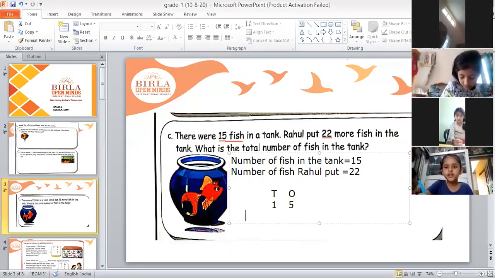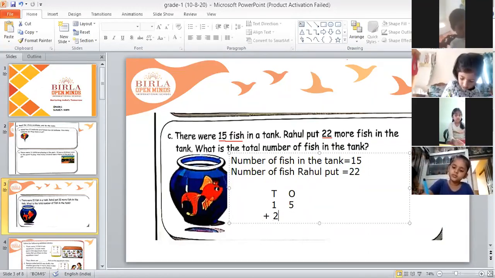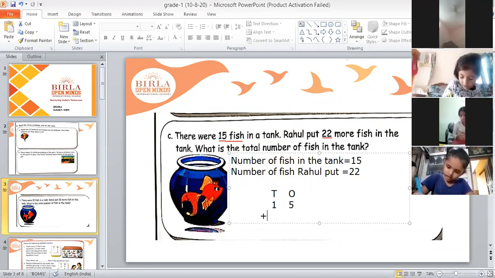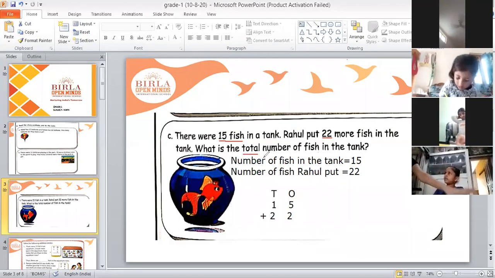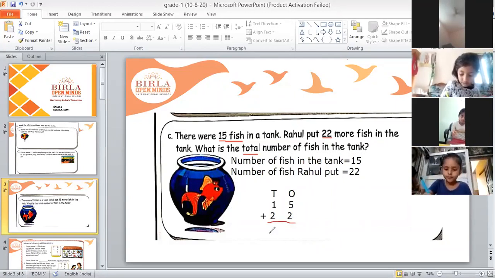Now we will write the next number with a plus sign. The next number is 22. 2 will come in tens place and another 2 will come in ones place. So now we have to start addition. We have to add 15 and 22 together.